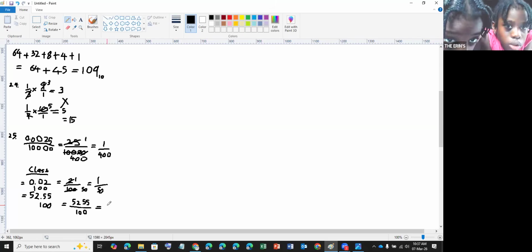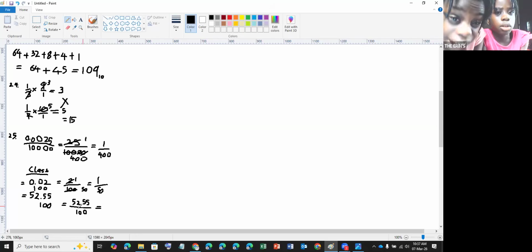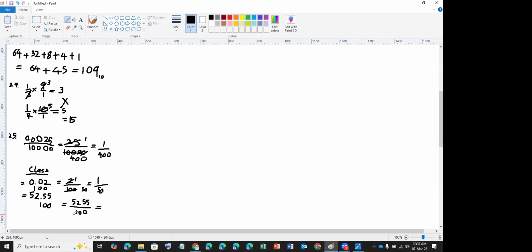Do you know that you can divide 100 into 5,255? Yes, sir. I know, but you don't want to do that. You probably want to use 5 and break it down, which is still okay. If you do that, you will come up with an answer.